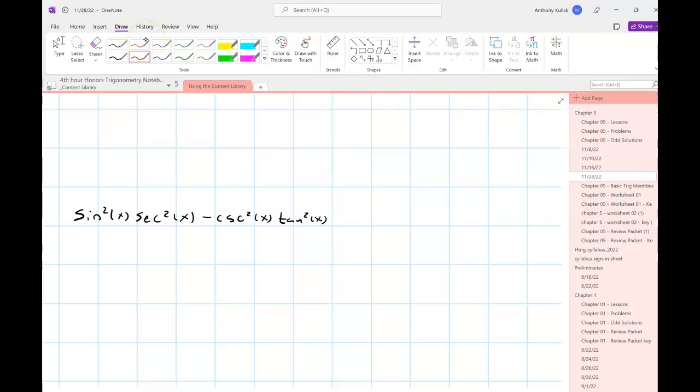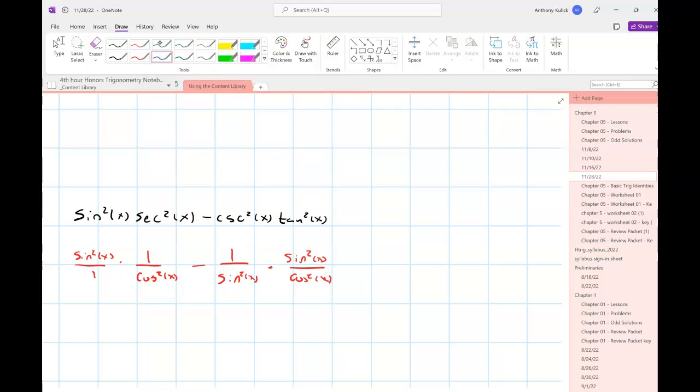Yeah, probably rewrite everything in terms of sine and cosine, because there doesn't seem to be one glaringly obvious thing to do here, right?